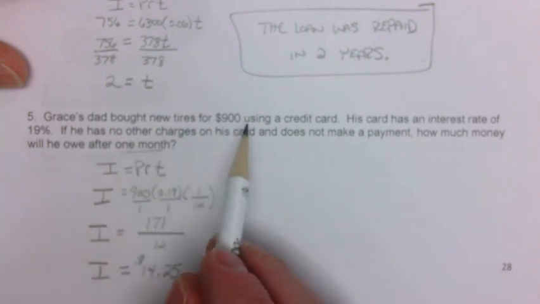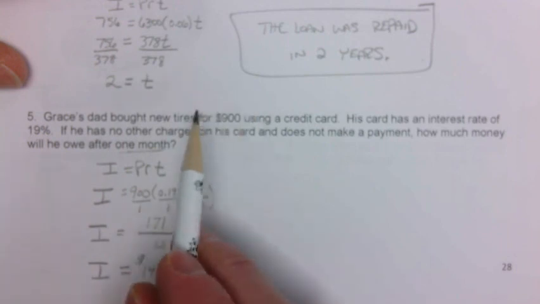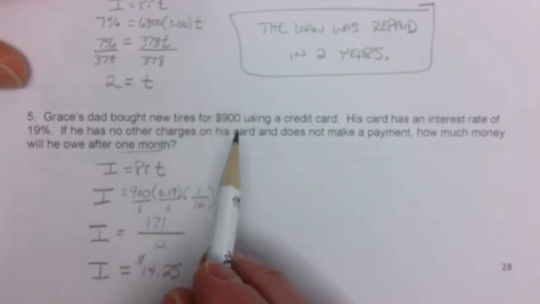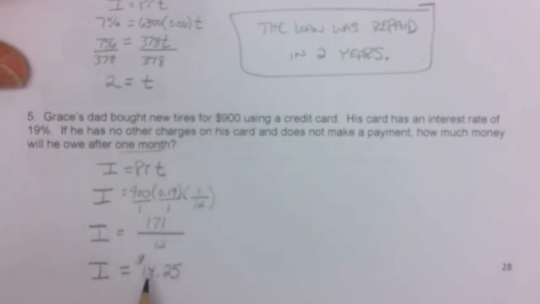Now the question wants to know, how much money will Grace's dad owe after 1 month? Okay, well, Grace's dad has to pay back the amount that he borrowed to buy the tires, $900. And in 1 month, there's interest of $14.25 that Grace's dad is going to have to pay back.